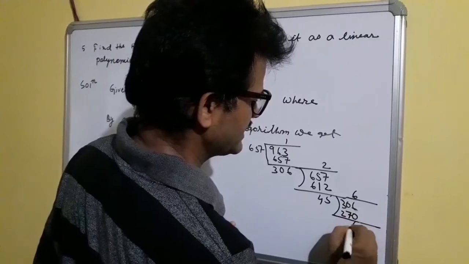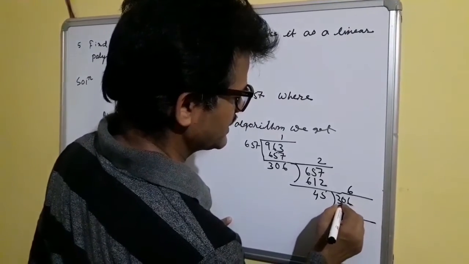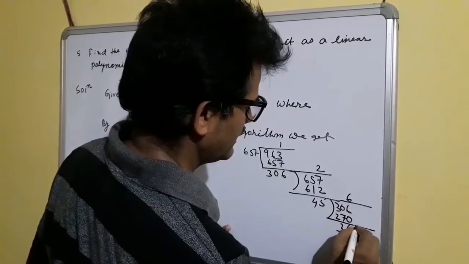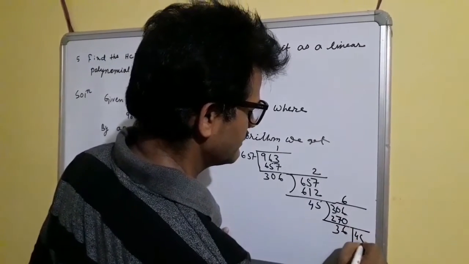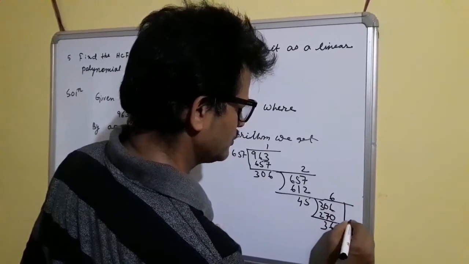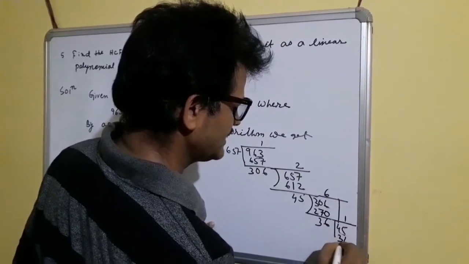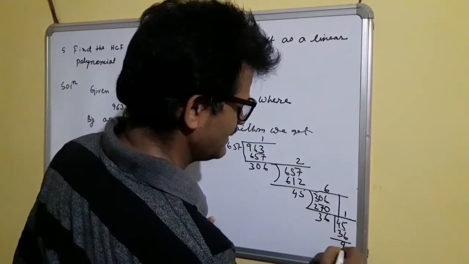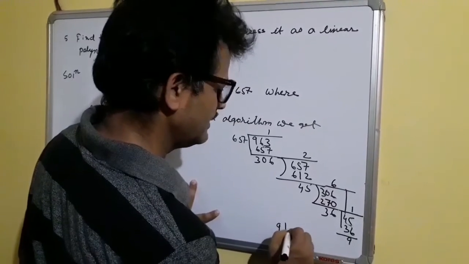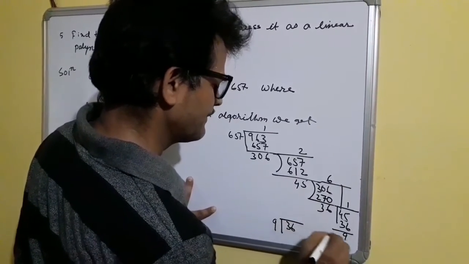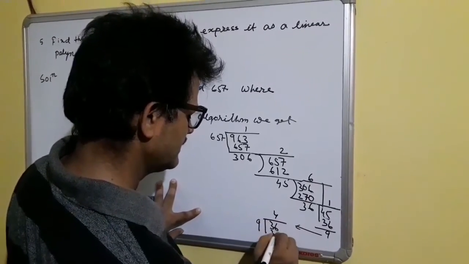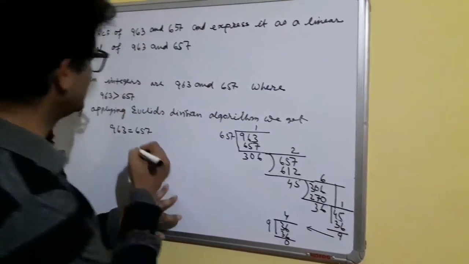Subtract, this is 6. And here left 10 minus 7, 3. Again you divide 45 by 36. So one time is 36, then 9. So this 9 4 is 36. So remainder 0.